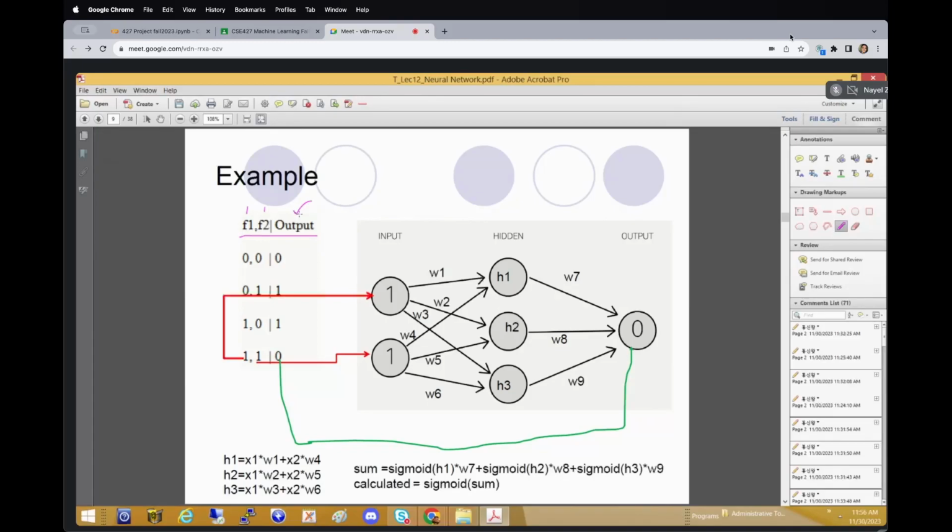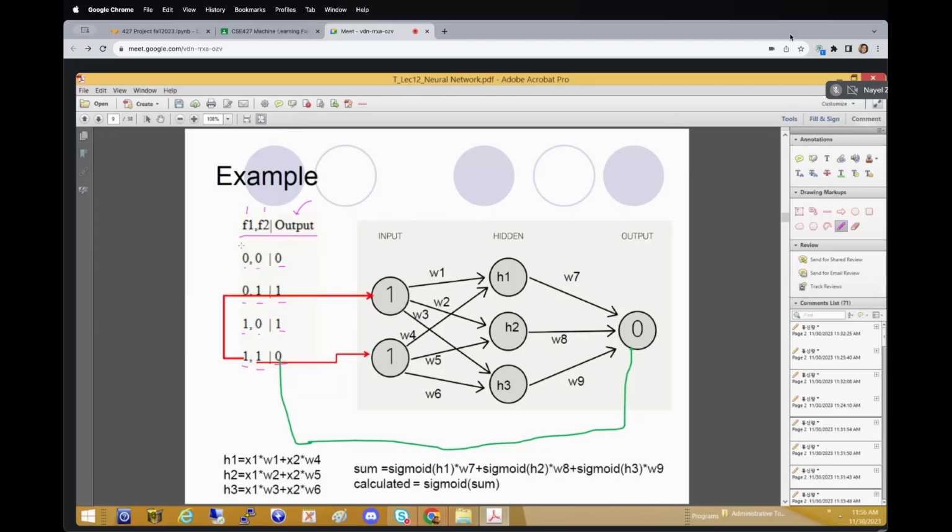If input is 0 and 0, then output is 0. If input is 0 and 1, then output is 1. If input is 1 and 0, then output is 1, and if input is 1 and 1, then output is 0.